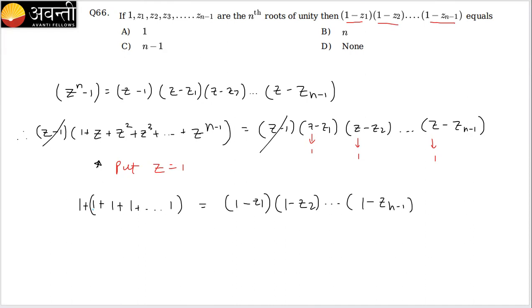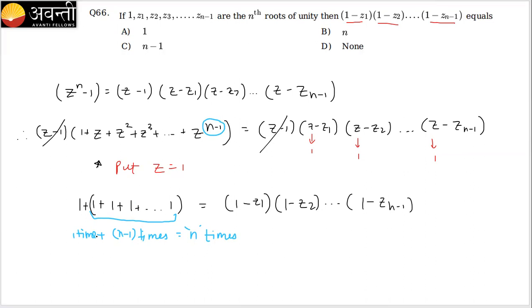Now if you see here, these are n minus 1 times of 1, plus 1 time. So n minus 1 plus 1 will be n times. Why is this n minus 1? Because we had the power n minus 1.